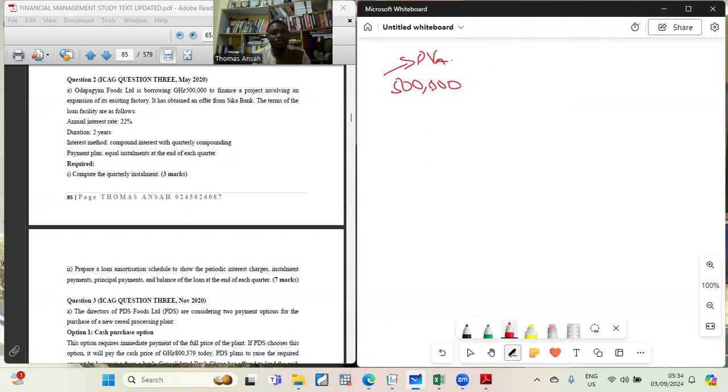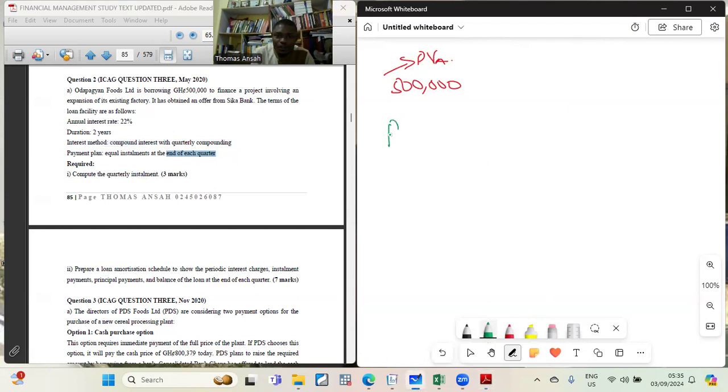All right, so that is that. In English, they call it what? Present continuous, right? Yeah, so it's present. All right, then the rate has been given to us. We know the duration, we know it is compounding quarterly. The payment plan is at the end of, we are not interested whether at the end or at the beginning when it comes to the PVA. All right, so basically that is that.